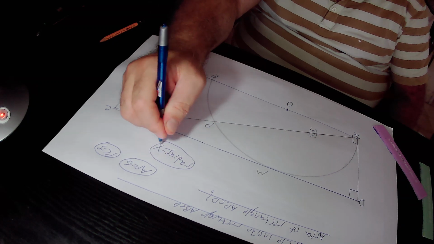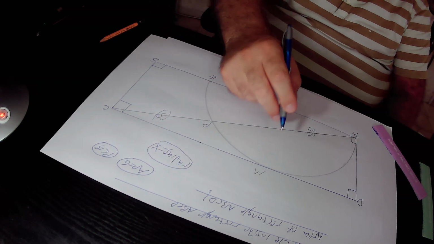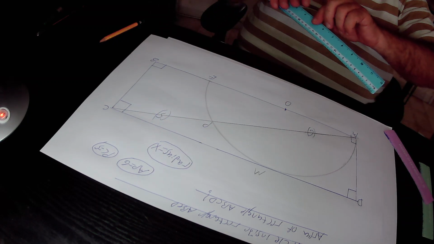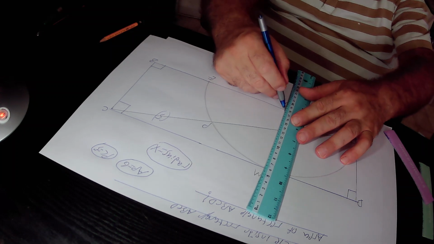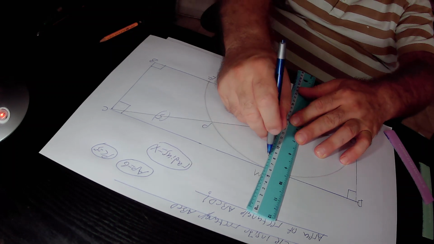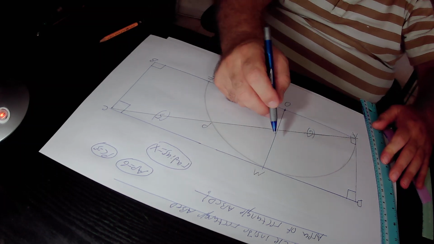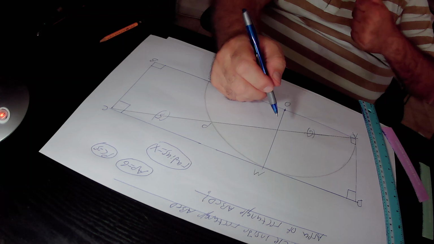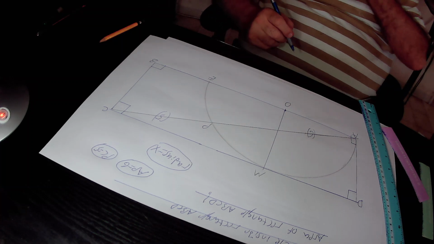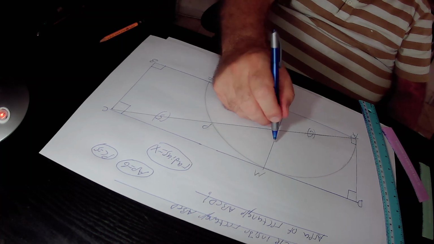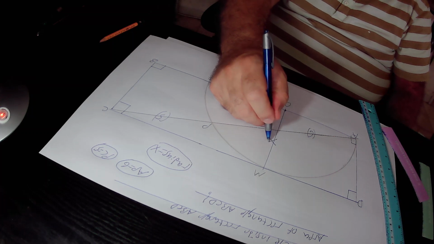So in the next step, we will join points O and M together by a straight line. Point O is the center of this semicircle. Point M is the point of the semicircle itself. Therefore, OM is the radius of this semicircle that is equal to x units in its length according to our definition.